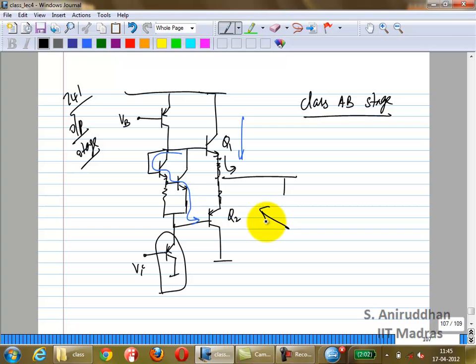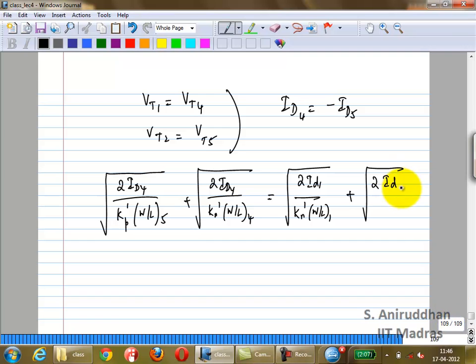The reason is, when V out is not 0, it goes into class B operation, and the two currents will no longer be the same, not necessarily the bias currents. Is that clear to everyone? So that's why we'll do the same thing. We'll assume V out is 0. So now we can replace, because V out is 0, I'll call it capital ID1.